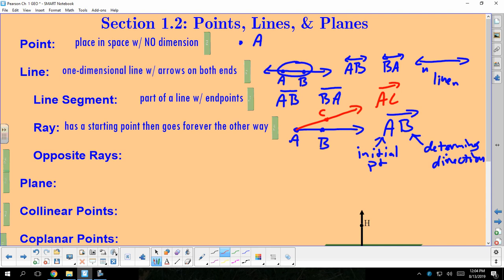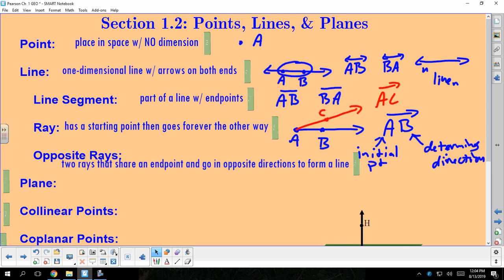And then opposite rays. Two rays that share an endpoint and go in opposite directions. If we have the same starting point and they go in opposite directions, we just have a line.